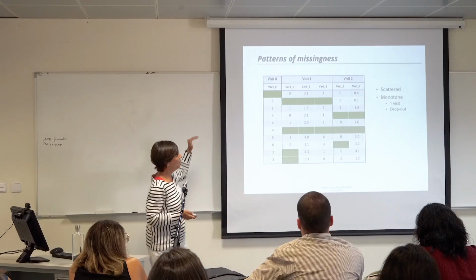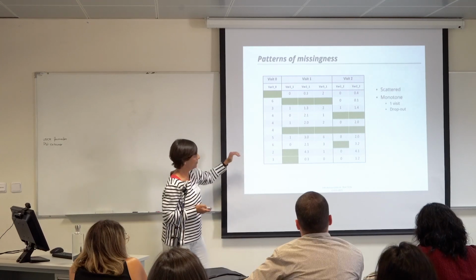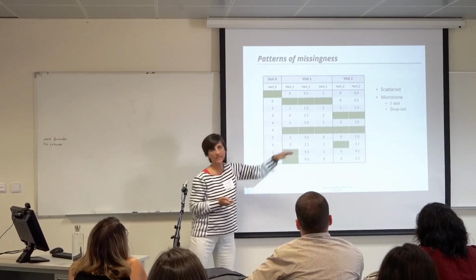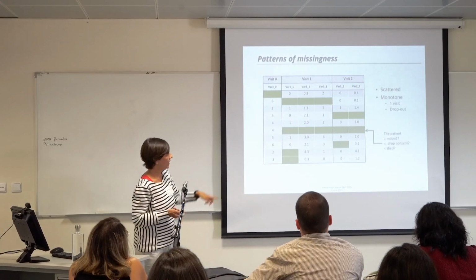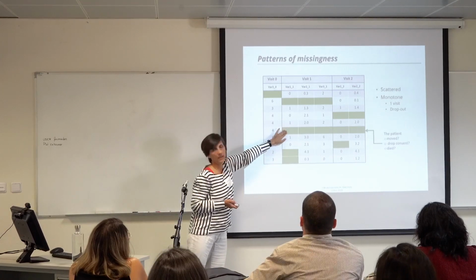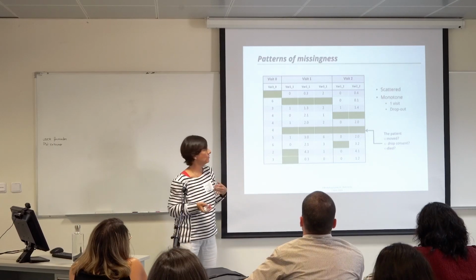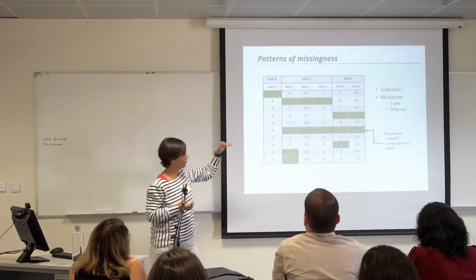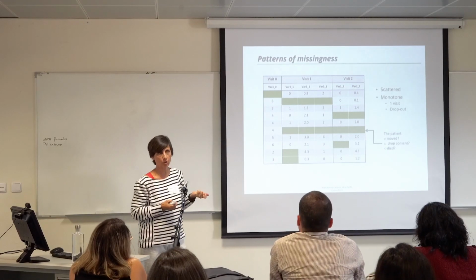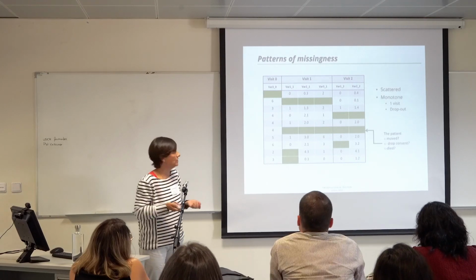But then we have monotone, which is where one full visit is missing, and perhaps this one is a dropout because I have neither the first nor the second visit, right? So if you see the pattern, it is very important to understand what happened to this patient. For the scatter one, maybe it was unintentional. But if it's a monotone pattern, you need to understand whether that's a dropout or not, and what is the cause of the dropout. If the patient died, that might be related to the intervention or not.